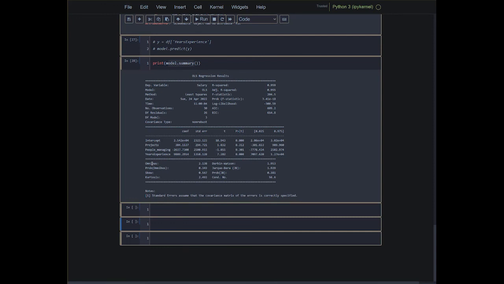Let's move to the parameters down here. The omnibus test checks the normality of the residuals once the model is deployed. If the value is 0, it means the residuals are perfectly normal. Here in our example, the probability of omnibus is 0.343, which indicates that there is a 34.3% chance that the residuals are normally distributed.